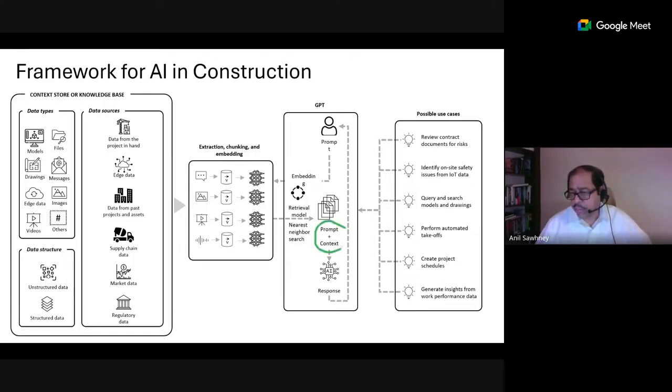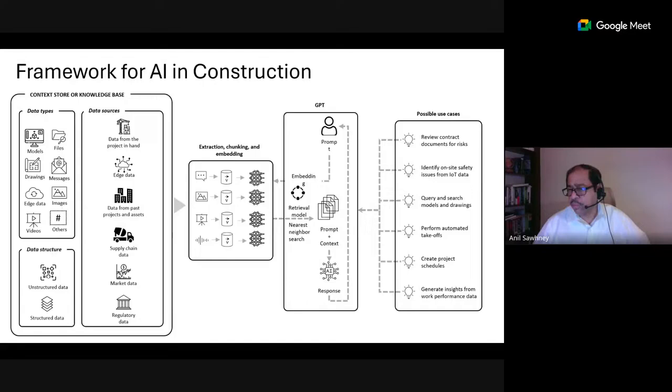So the question and the context then go to the AI model, and that AI model then gives a better response, and the accuracy increases, and also it is now a domain-specific, company-specific response that you're receiving.